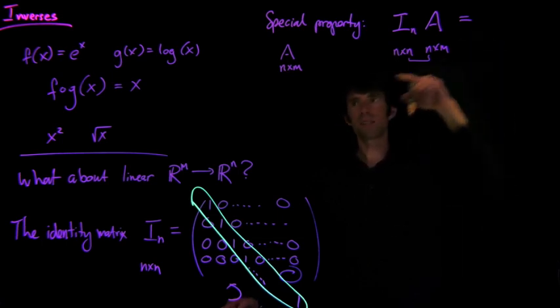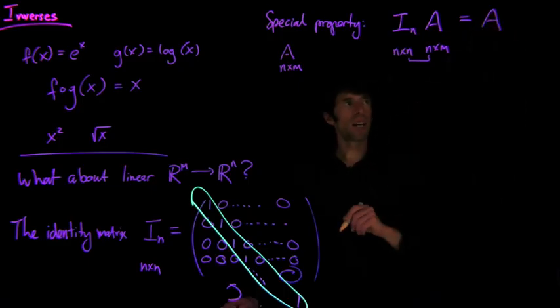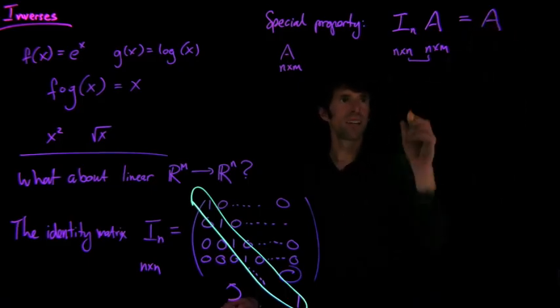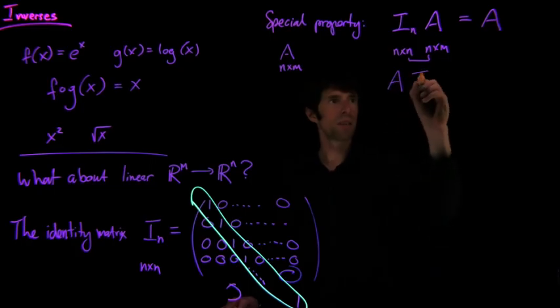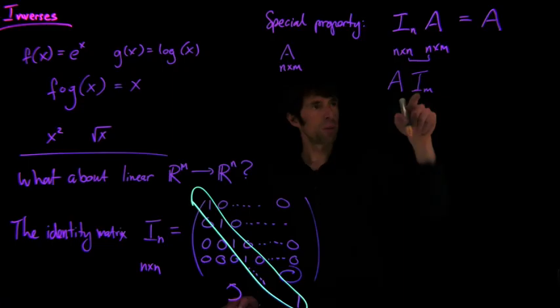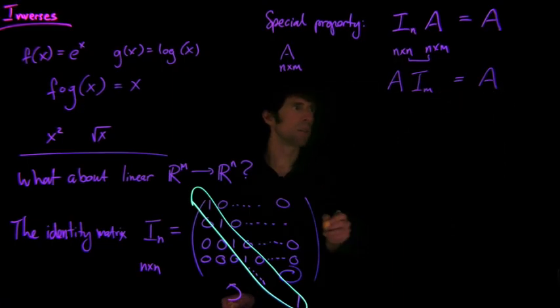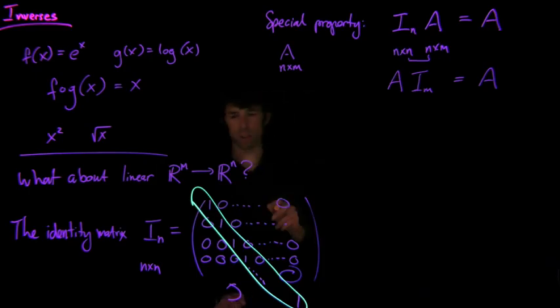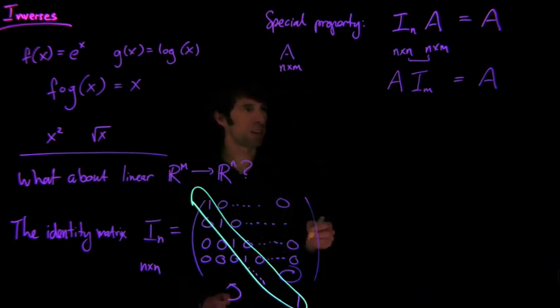So the output is the same shape as A, and if you calculate it, what you get is actually the matrix A again. And similarly, if I take my matrix A and I multiply it by a square identity matrix, now I'm putting that on the right side, so it's got to be m by m instead of n by n, I also get back my matrix A. So the very special property of these identity matrices: multiplying by them does nothing.